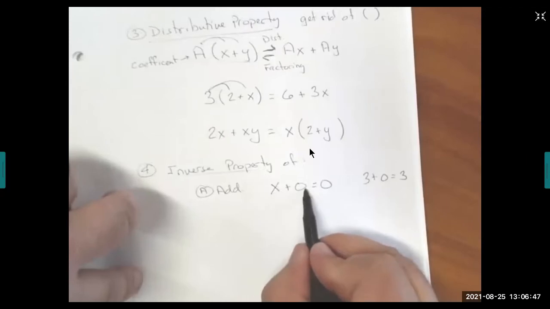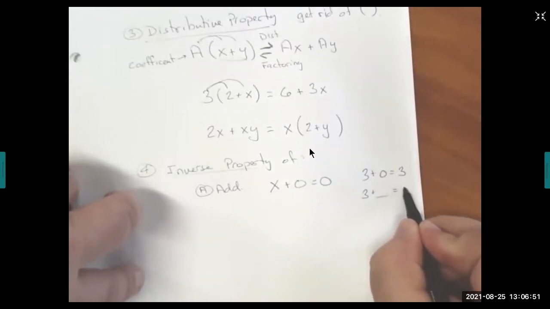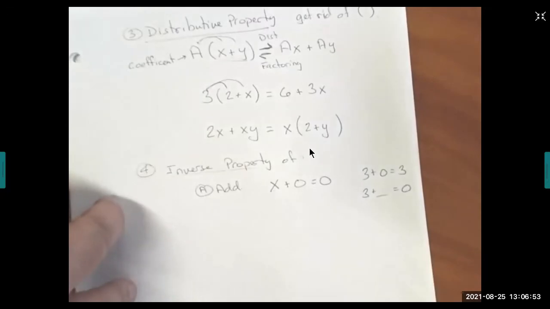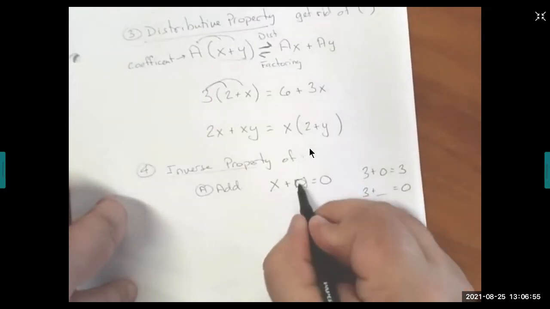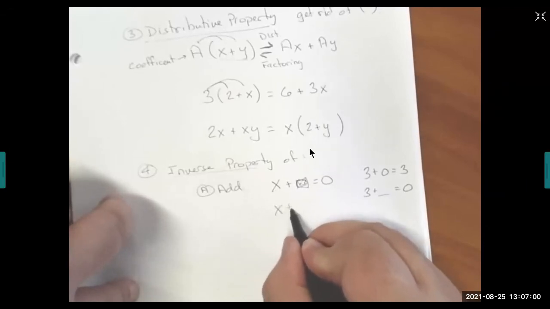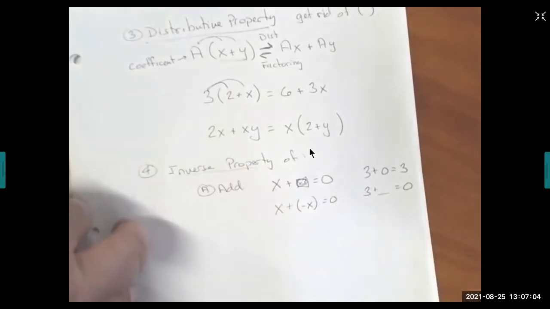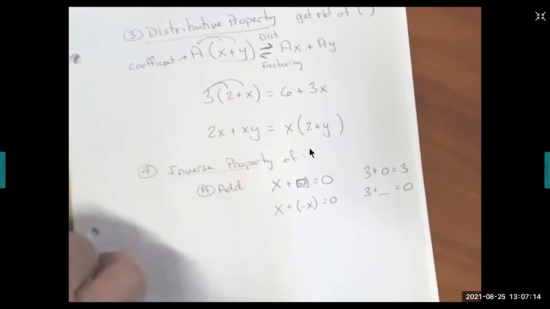But I'm looking at now 3 plus what gives me 0? -3. Yes, that's going there. So the inverse of x is -x. It's the same number, just different sign. That's the inverse with addition and subtraction.